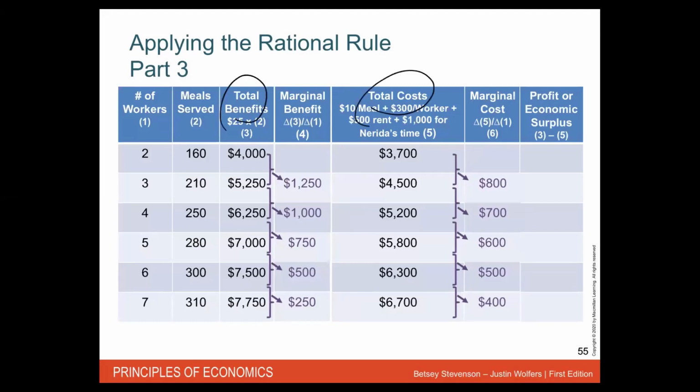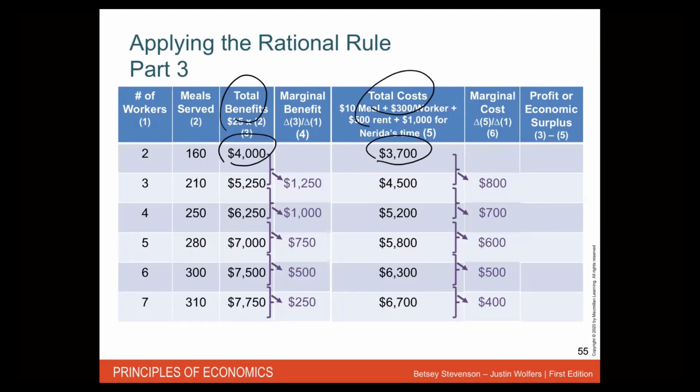So the first one for 2 workers, total benefit is 4,000. Subtract that with 3,700, we get $300. When we subtract the second one, the one with 3 workers, 5,250 minus 4,500 gives us 750.